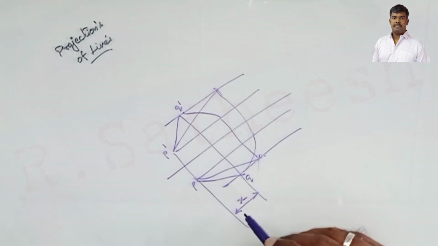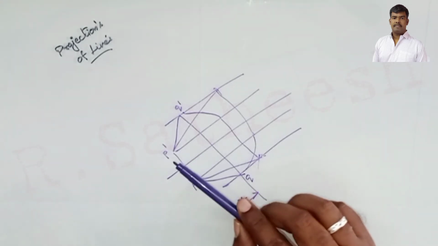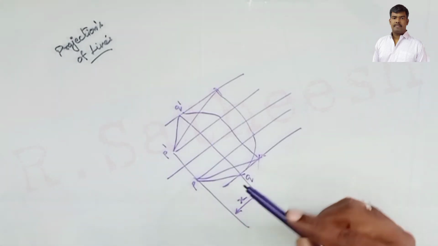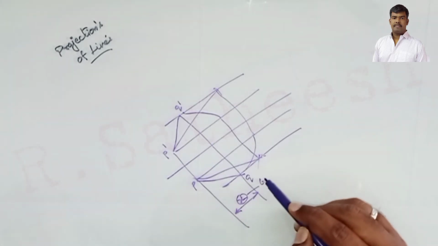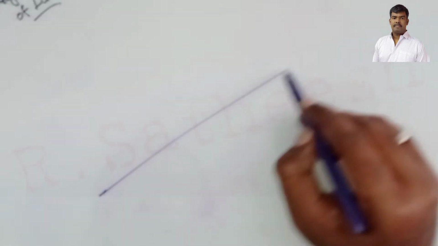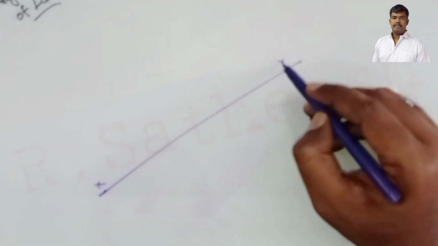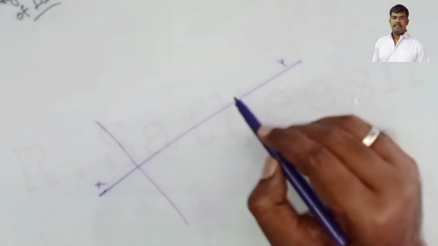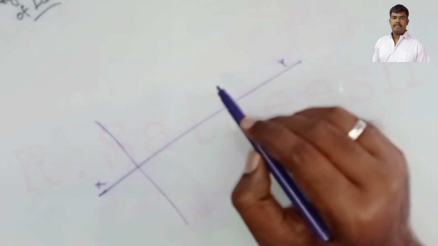So in this problem, the distance between the projectors of 2 points P and Q is 60 mm. The distance they have given is 60 mm, clear? So how to solve this problem: you draw one XY line, then draw one vertical line and another vertical line, 60 mm apart.